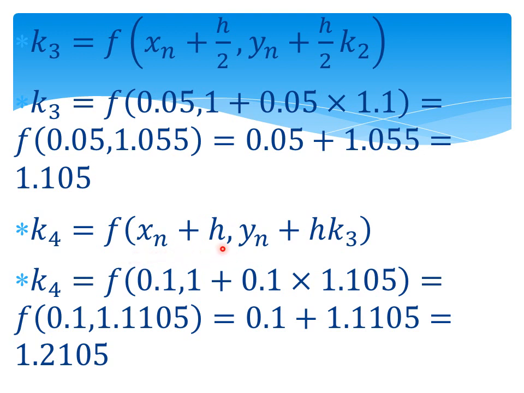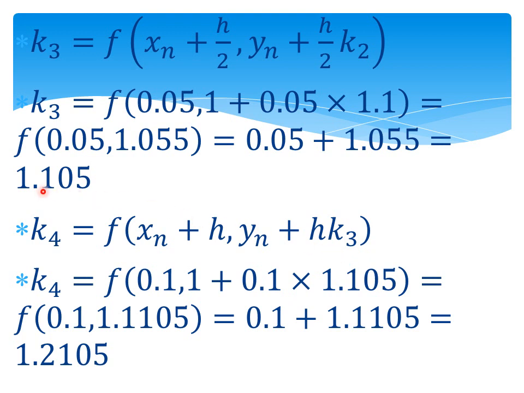So 0 plus 0.1 gives 0.1. A comma is given, so you write a comma. The value of y naught is 1, given in our question. A plus sign is given, so you write the plus sign. h is 0.1, multiplied by k3. We write the multiply sign. The value of k3, what do we get?